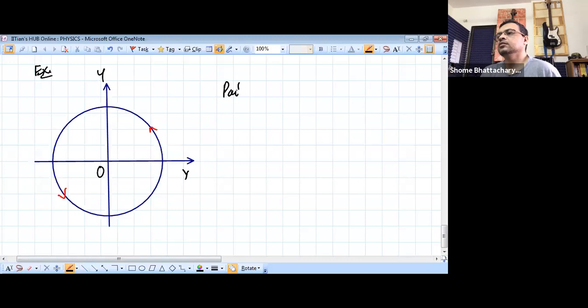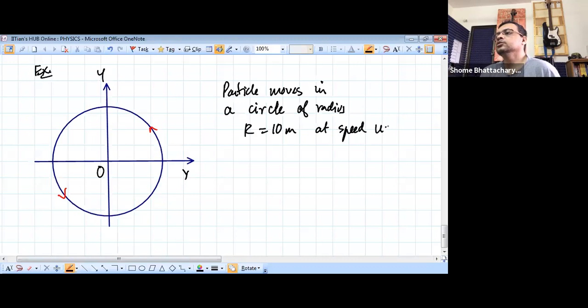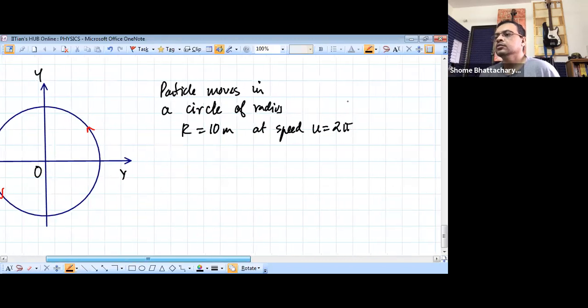So a particle moves in a circle of radius r equal to 10 meters at a speed u equal to 2 pi meters per second, or that is basically 2 into 3.14 meters per second.